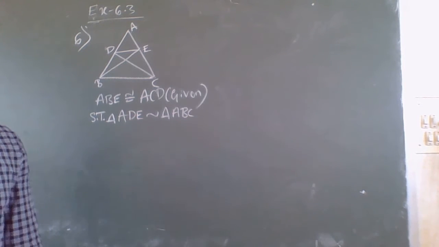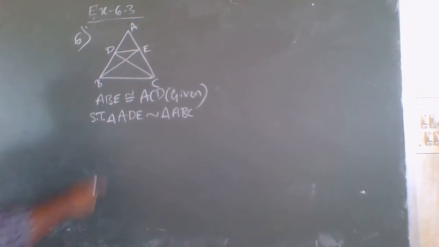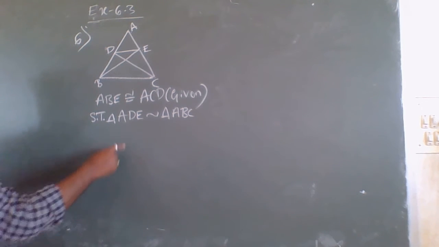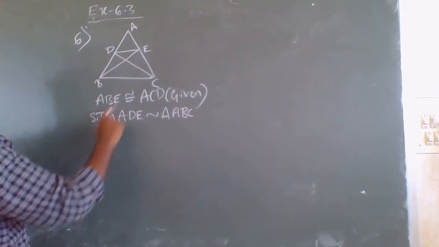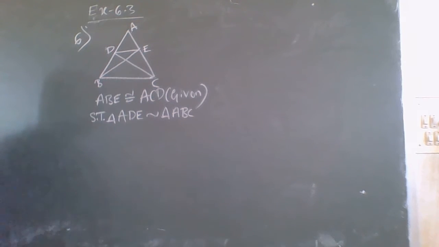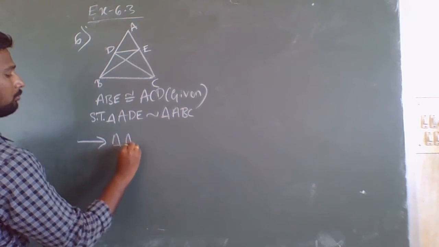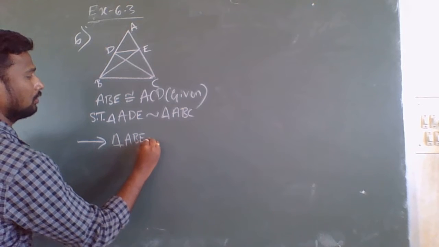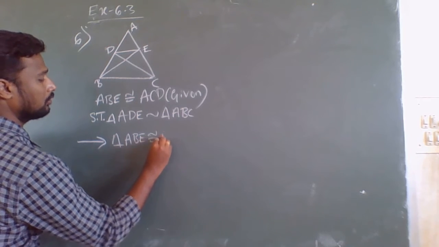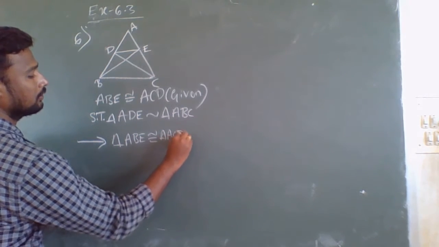So here they are given these two triangles are congruent, and we have to show that triangle ADE is similar to triangle ABC. First I will write that they have given that triangle ABE is congruent to triangle ACD.